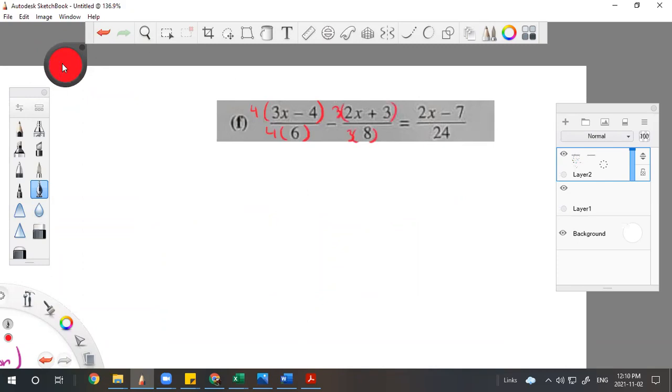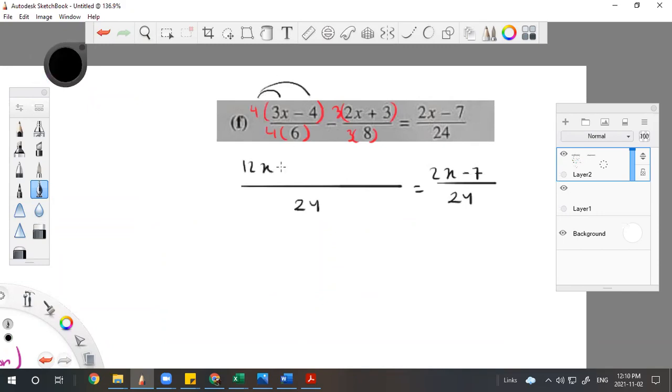And then after that, copy and continue, and everything is over 24 equals 2x minus 7 over 24, right? Then 4 times 3x is 12x minus 6x, 16, I mean, not 6x. And then minus 3 times 2x is minus 6x, minus 3 times 3 is negative 9, right?